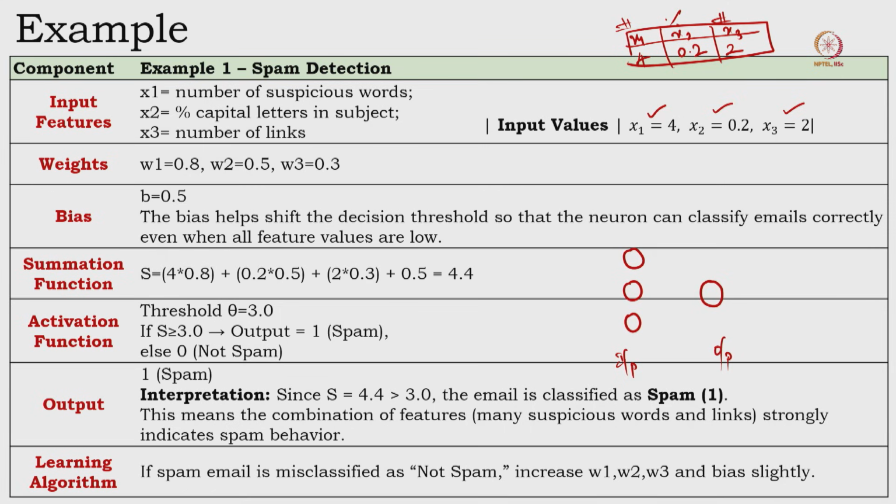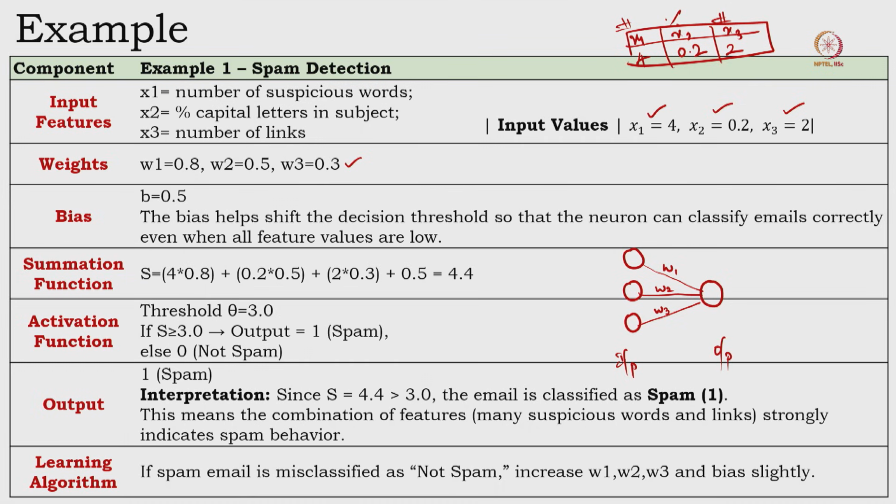Now you establish connections, and we have weights on each of these connections. Since we have 3 inputs, there are 3 weights. The values are W1 is 0.8, W2 is 0.5 and W3 is 0.3.